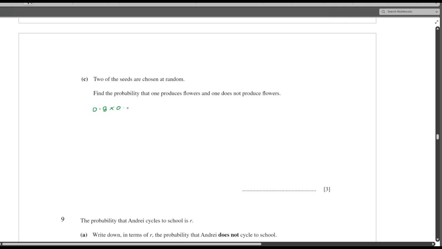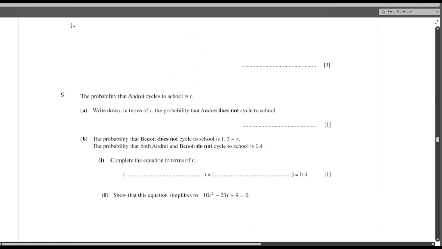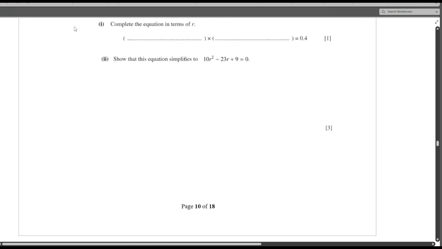The second is not showing a flower, so it is 0.2. Or the first is not giving any flower, it is 0.2, and the second is giving a flower, it is 0.8. So your result will be 8 times 2 is 16, 0.16 plus 0.16. So your result will be 0.32.